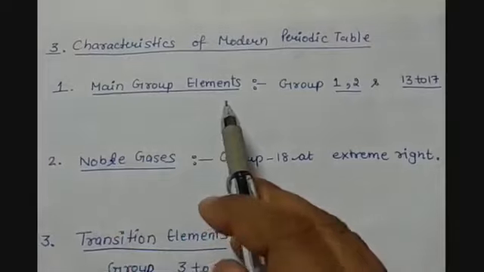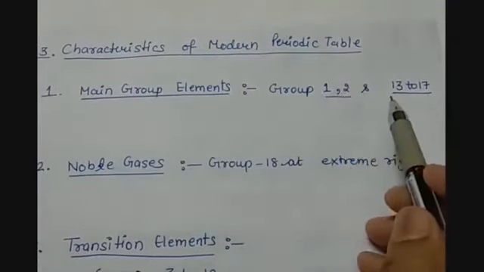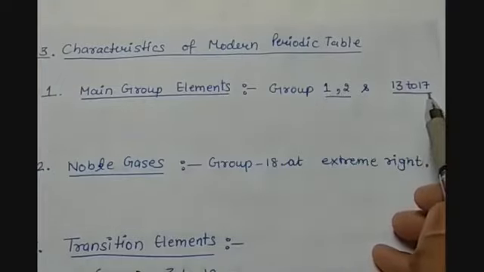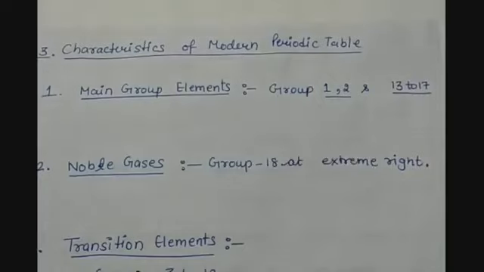These are the elements which are present in group 1, 2 and group number 13 to group number 17. Why are these called main group elements? Because they are the representative elements of the periodic table. Representative because here they have some definite character.